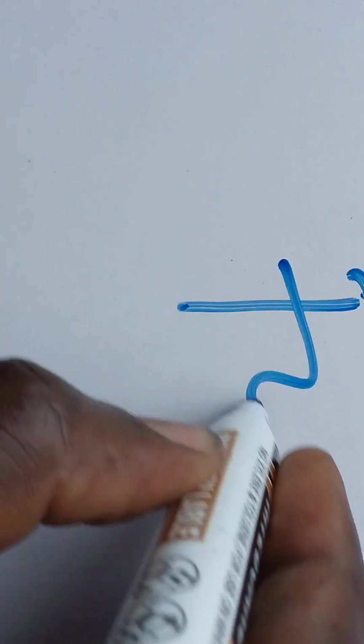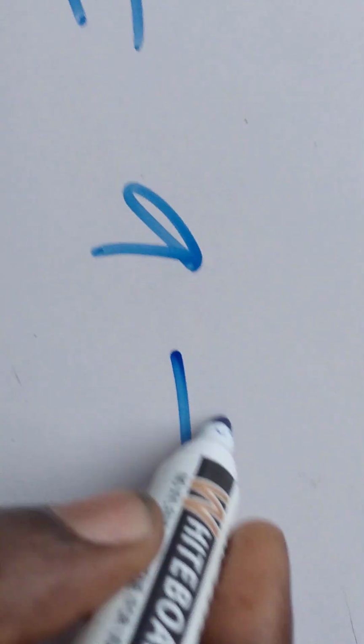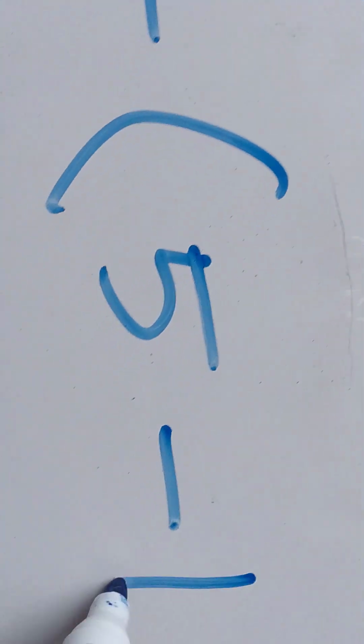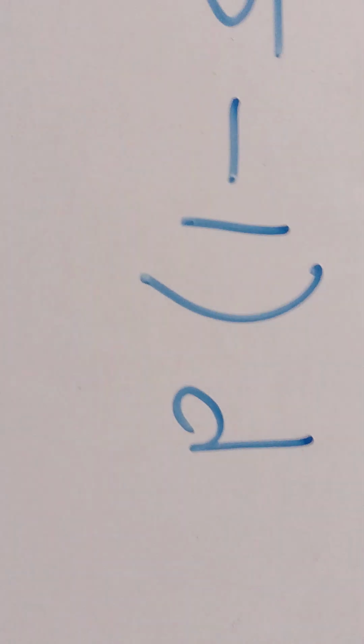For the fifth term, T5 equals a plus 5 minus 1 times d.